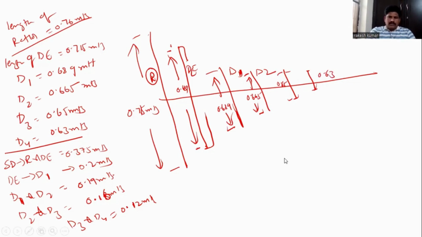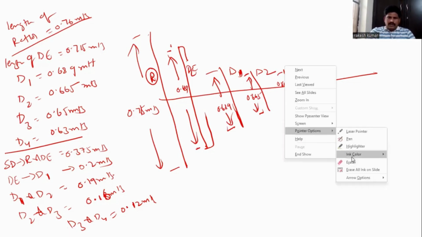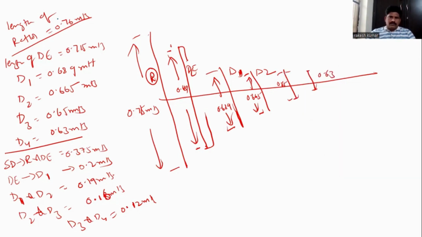Okay. And the other thing you want to keep in your diagram is the separation distance. So what is the separation distance between the reflector and driven element? It is 0.375 meters. Similarly, between the driven element and D1, this is 0.2. Between D1 and D2, it is 0.19 meters.